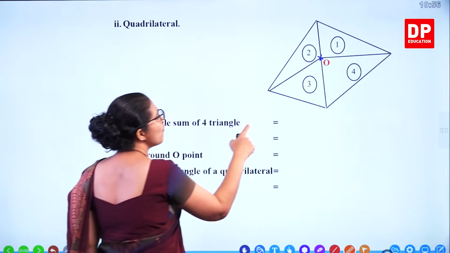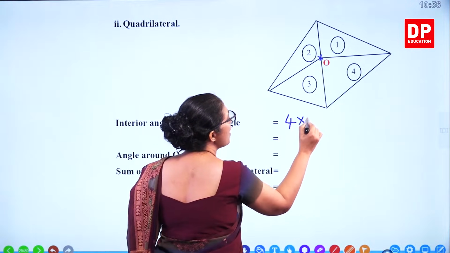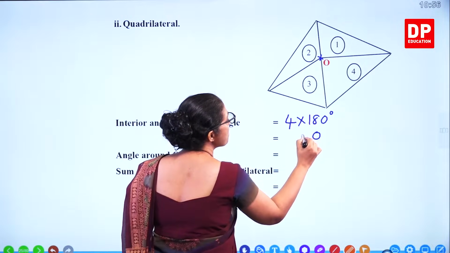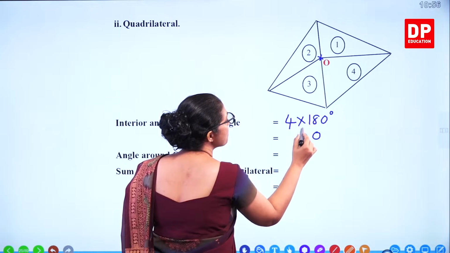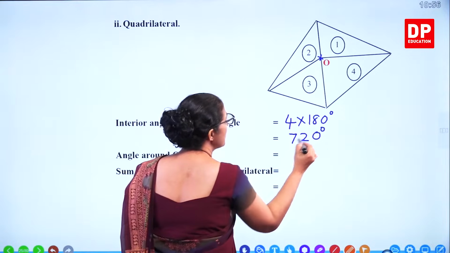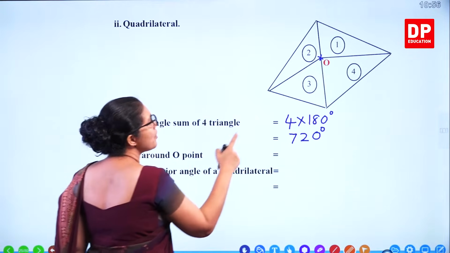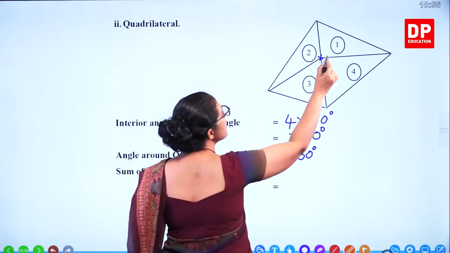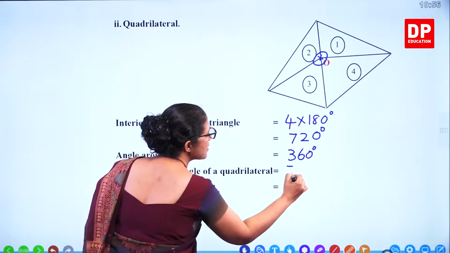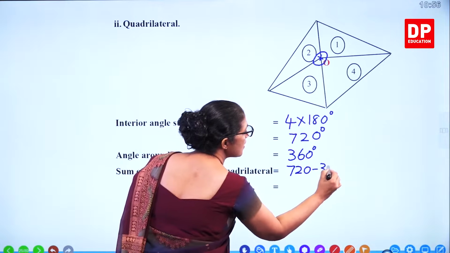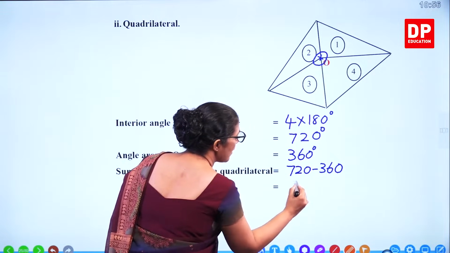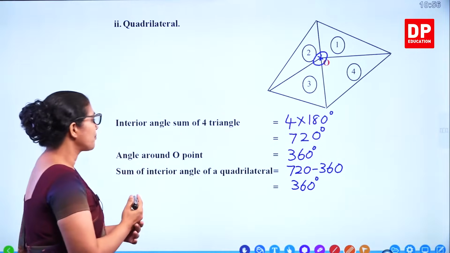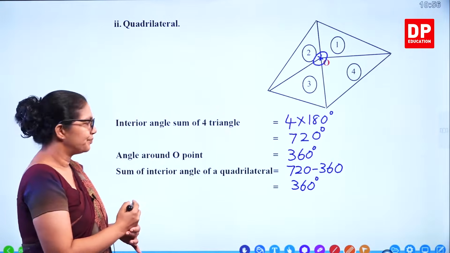The interior angle sum of 4 triangles is 4 into 180, 720. And the angle around a point is 360. When you subtract these two, 720 minus 360, you get 360 for the angle sum of a quadrilateral.